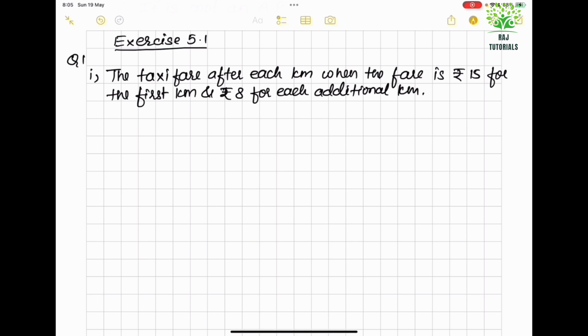So he is saying that A here will be rupees 15 and D is rupees 8.